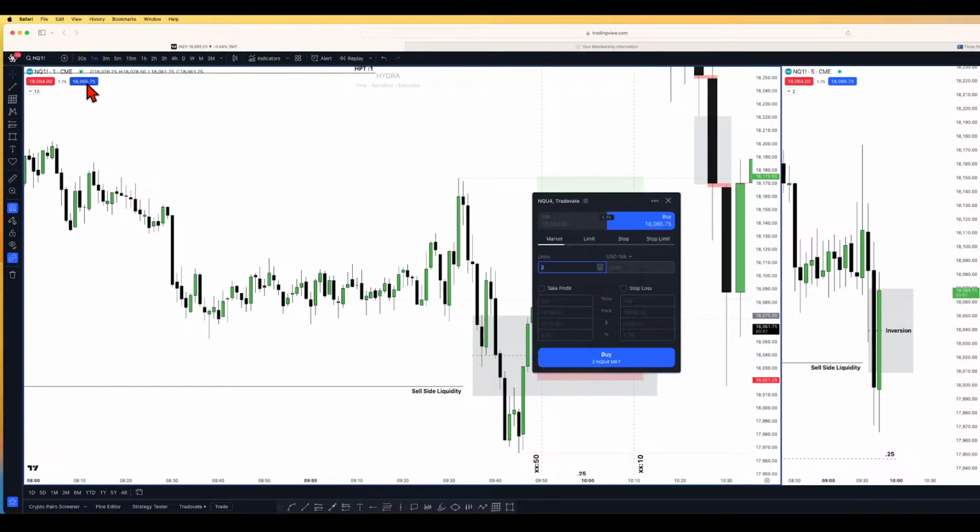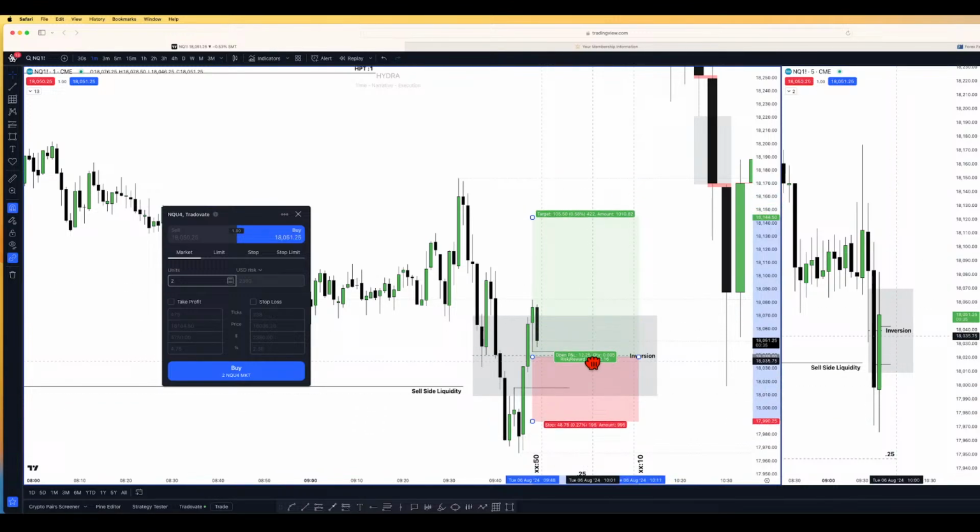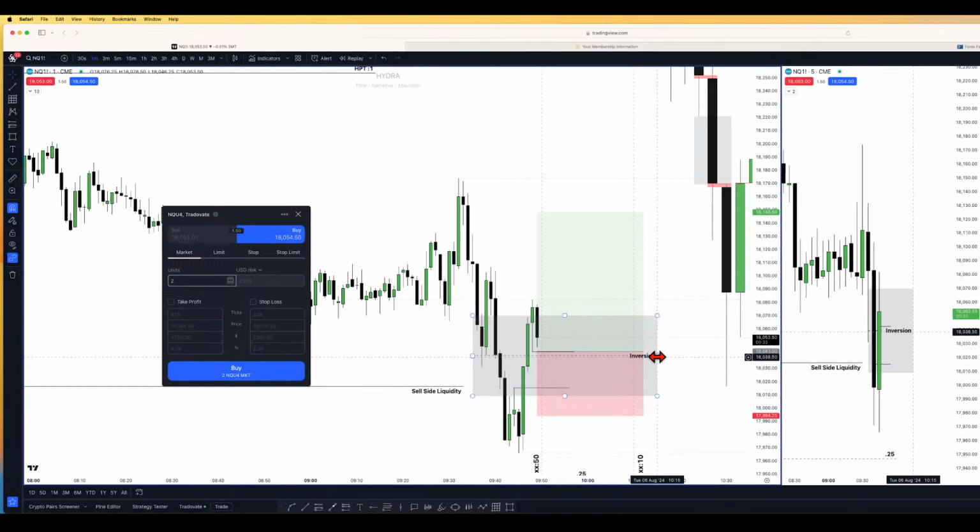Okay, let's take this trade, 2 contracts, and let's wait 1 more minute. Let's see if it's a fake out or not. All right, that's gonna be the last line of defense. We have a small fair value gap, probably from here.